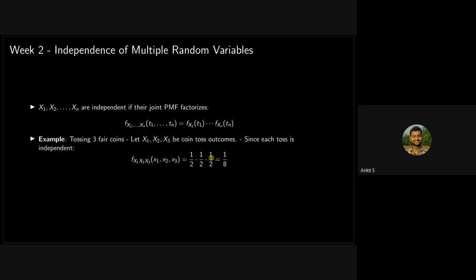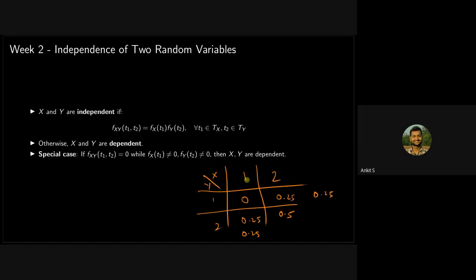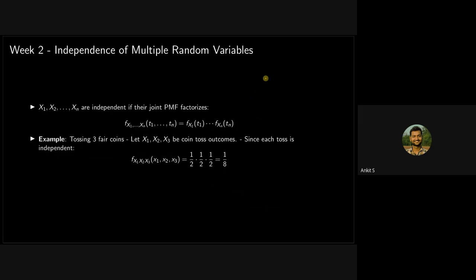Then independence of multiple random variables, the same thing happens. For more than two random variables, for two random variables we can easily create a table like this. But in the case of three random variables, you will get something like this is x, this is y, this is z. These are all the possibilities.